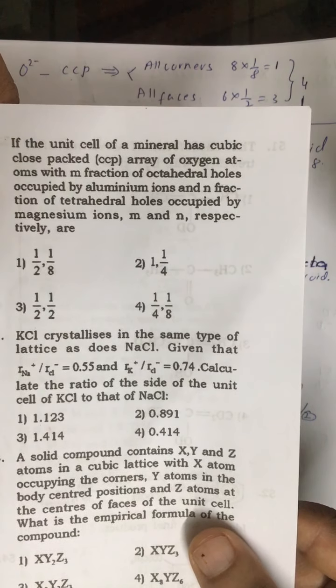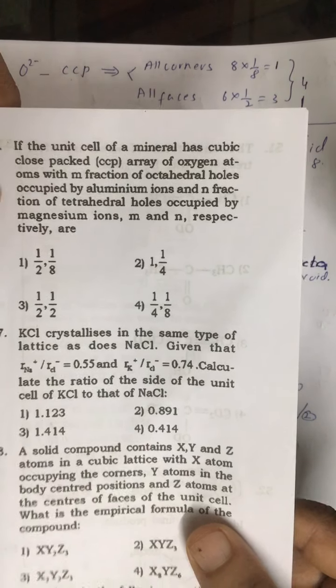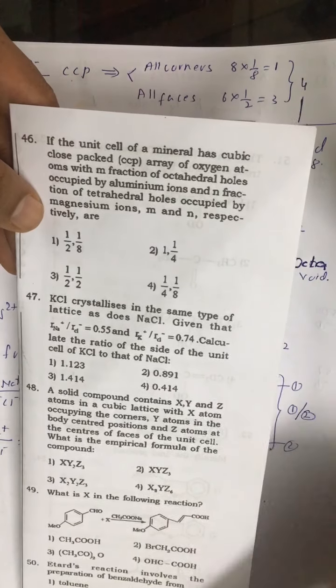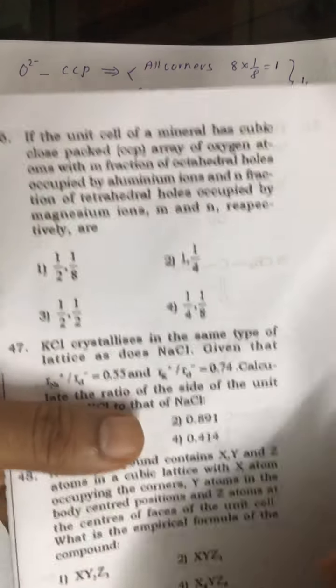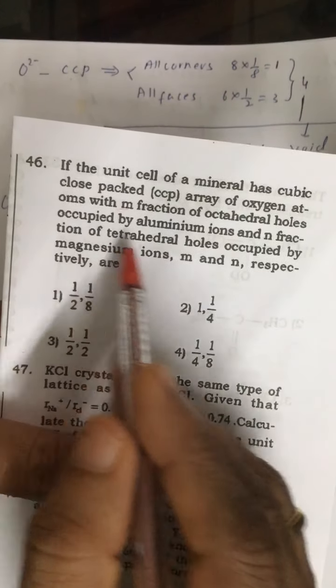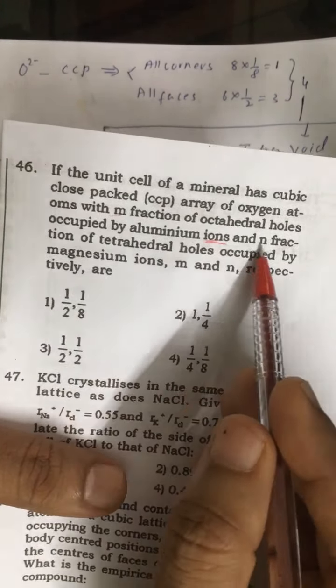Now it says that m fraction of octahedral voids are occupied by aluminium 3 positive, and n fraction of tetrahedral voids are occupied by magnesium. We have to find out the m and n values.